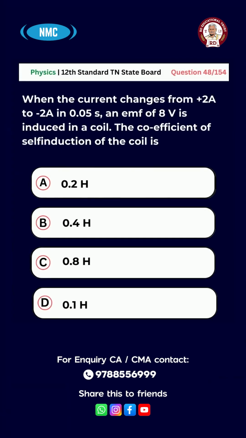When the current changes from plus 2 A to minus 2 A in 0.05 s, an EMF of 8 volt is induced in a coil. The coefficient of self-induction of the coil is option A, 0.2 H, B, 0.4 H, C, 0.8 H, D, 0.1 H. And the right answer is option D, 0.1 H.